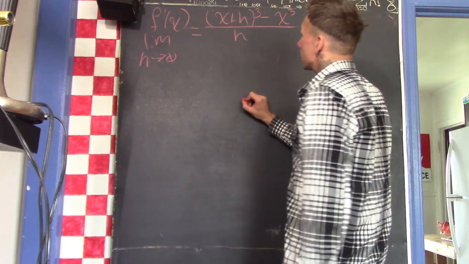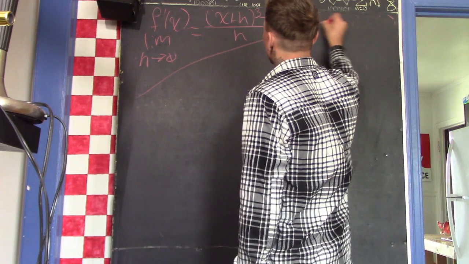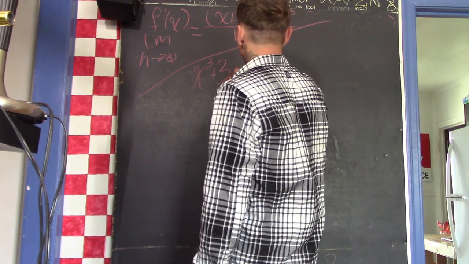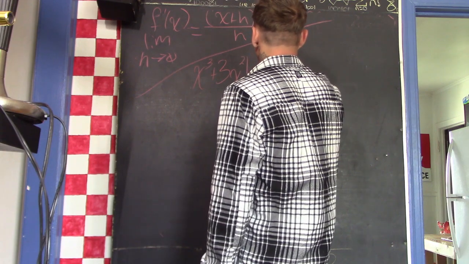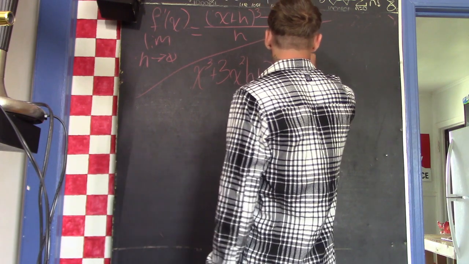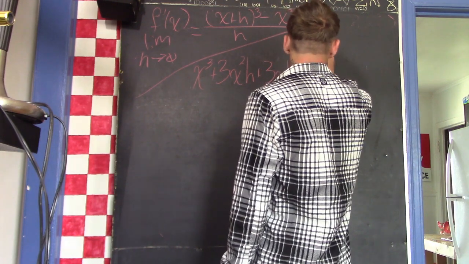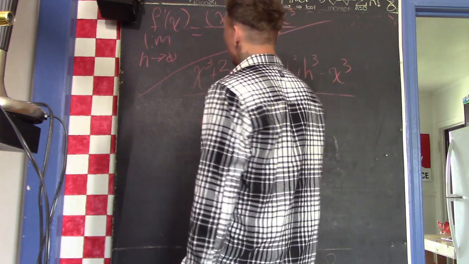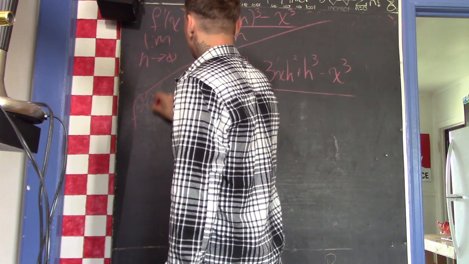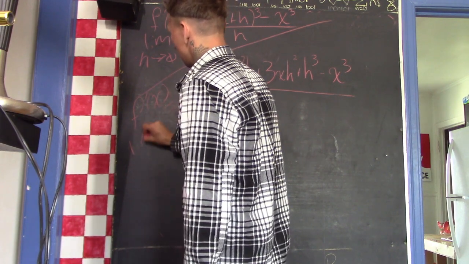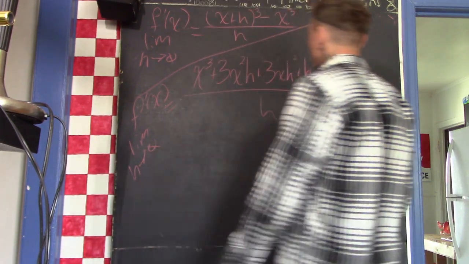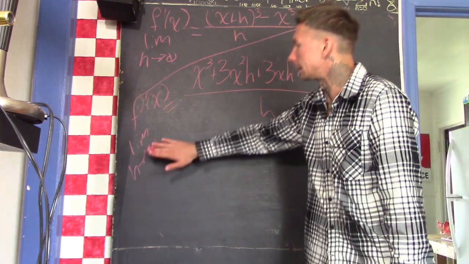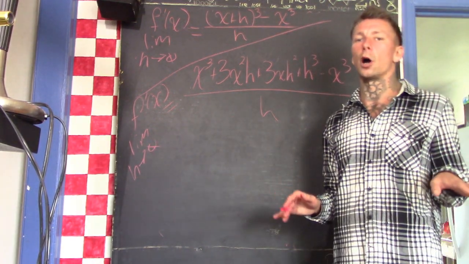If we expand this, we get x cubed plus 3x squared h plus 3x h squared plus h cubed minus x cubed, all over h. You can see in this, if we put our h in as 0, we once again get 0 on the bottom. Probably don't want to do that.